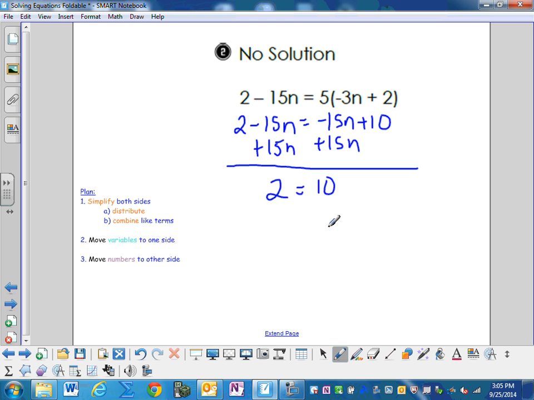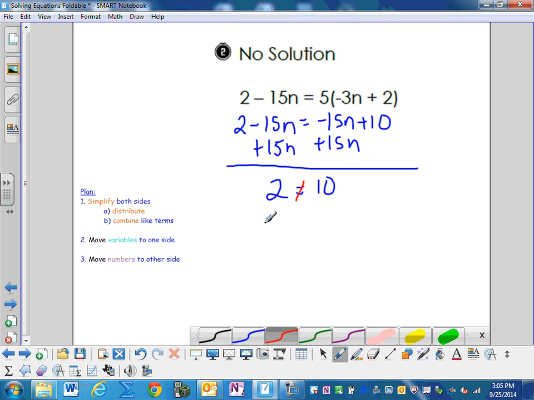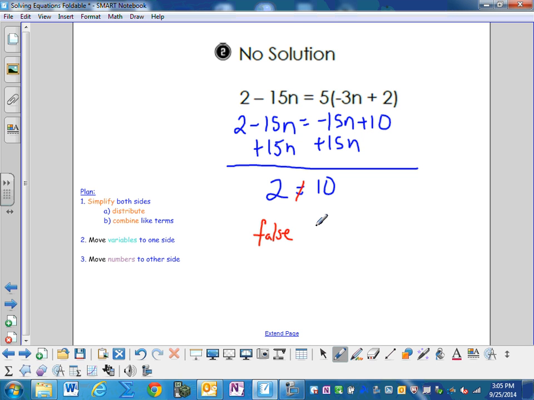And now I'm left with a statement that 2 is equal to 10, which we know is false. We know that 2 is not equal to 10. So since it's false, it's no solution or empty set. There is no number we can put in for that variable to make this a true statement. So those are your special cases.